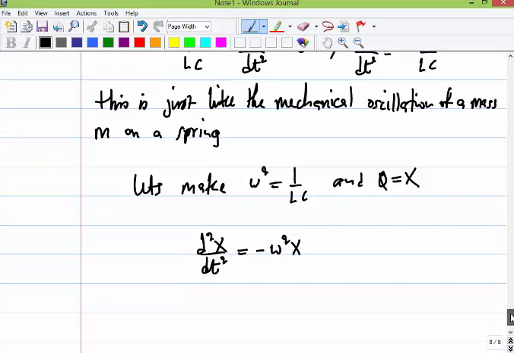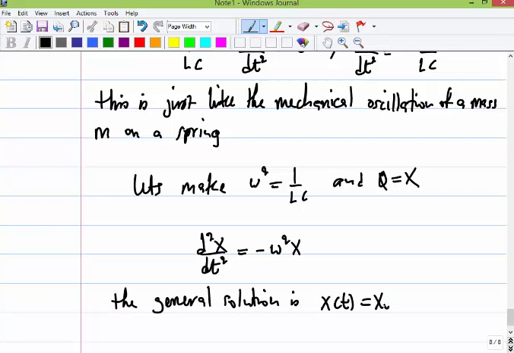Okay, we know the solution to this type of problem. The solution x of t is equal to x naught cosine omega t, or x naught cosine of omega t plus phi. We can include phi. Some books include a phi, some do not.